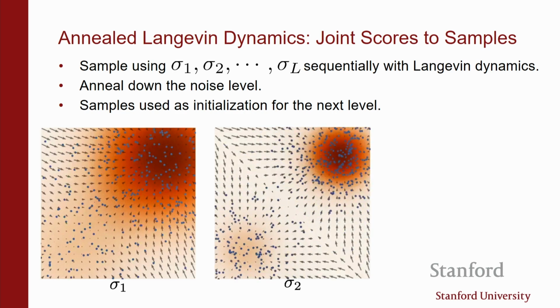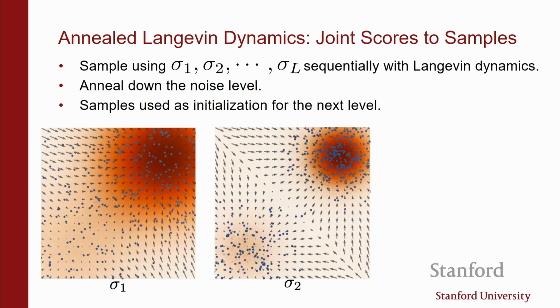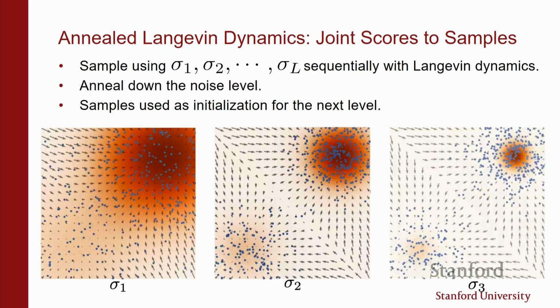Then you keep running your Langevin dynamics procedure, following the scores corresponding to the data density plus a smaller amount of noise, sigma 2. Then you decrease it even more, and you initialize again, because you got closer and closer to the high data density regions.